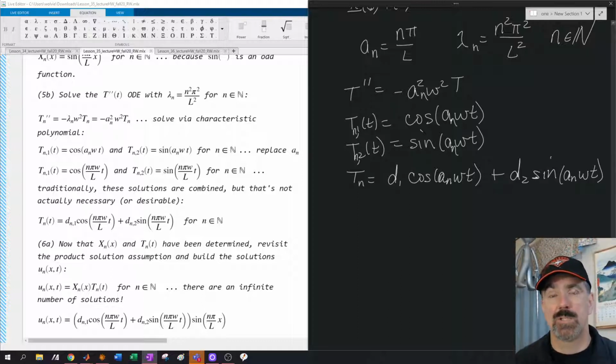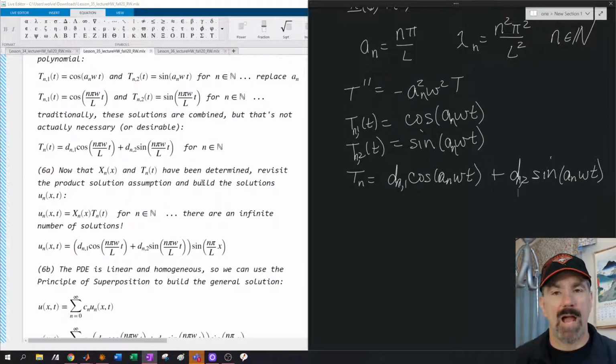So for a specific n value, I've built a general solution for the temporal differential equation, but the reality is each of these constants is different for each n value. So for each eigenvalue, I have a different set of constants that's giving me this kind of middle of the ground general solution. I wouldn't do it this way, but I'm just repeating what you will see basically in every textbook that you ever read on this subject.